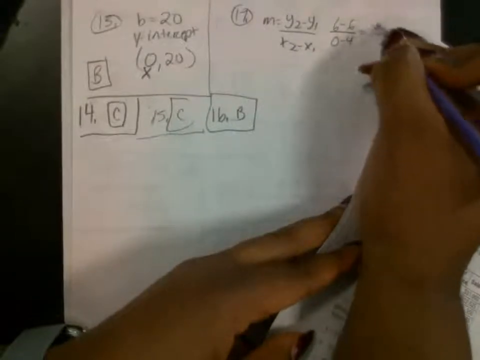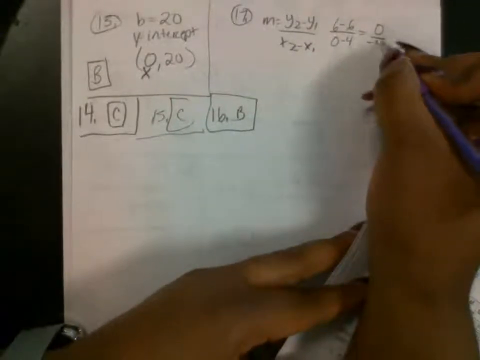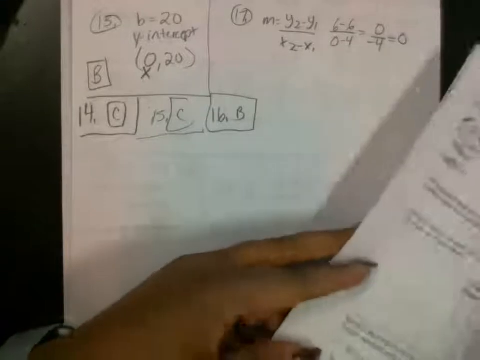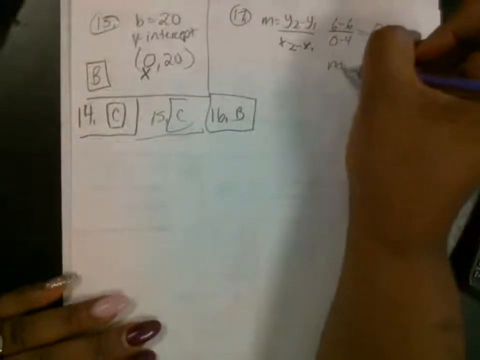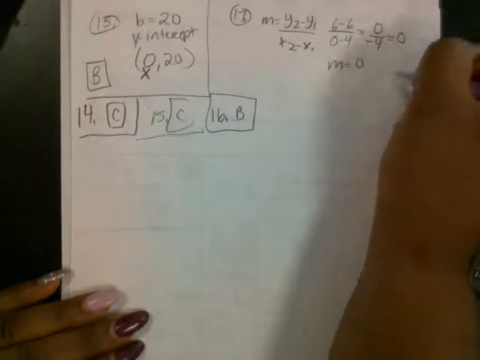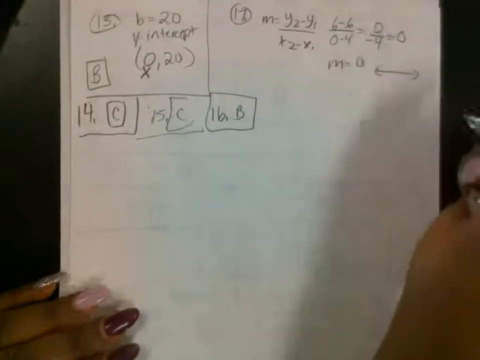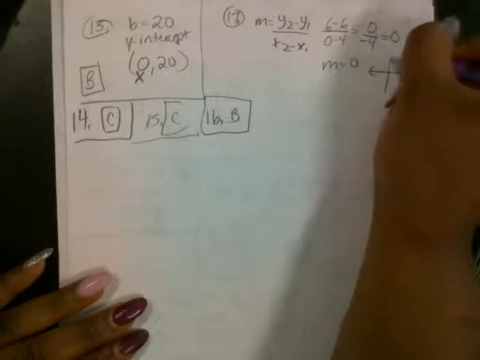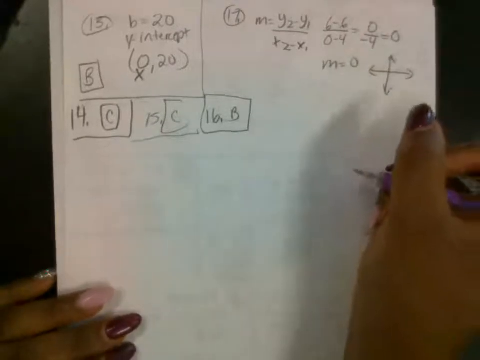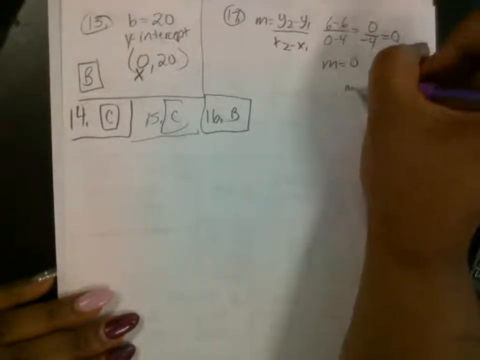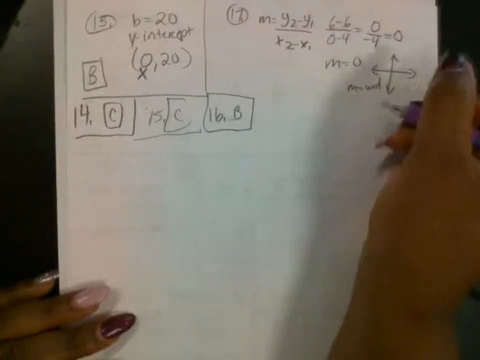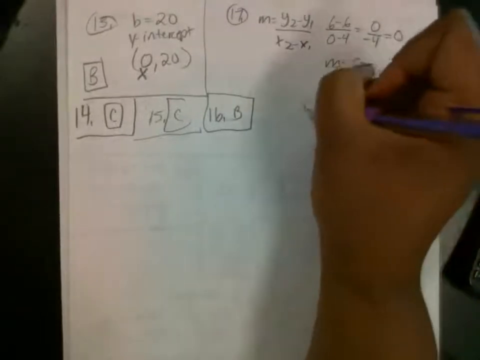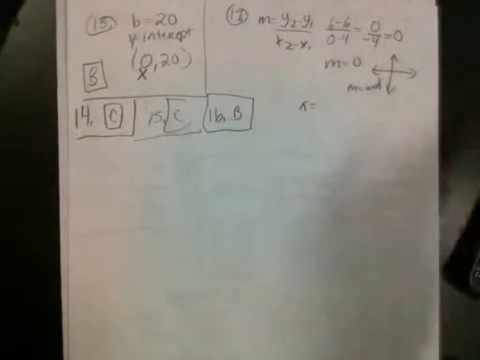So this is 0 on the top and -4. So the slope here is going to be 0. If the slope is 0, the opposite reciprocal slope of a line that's flat is undefined. So if the slope of the other line is undefined, the only equation where the slope could be vertical or undefined is where it's x is equal to.